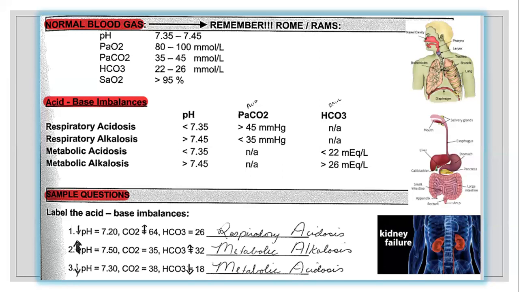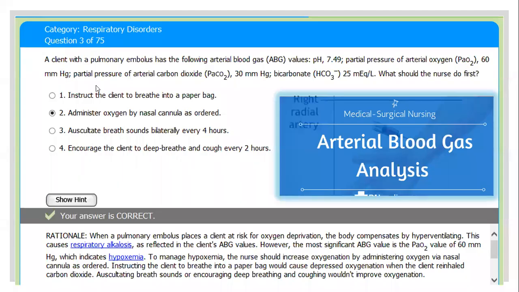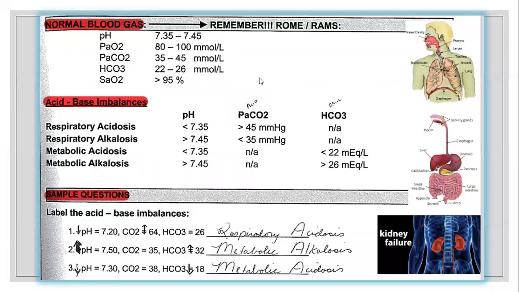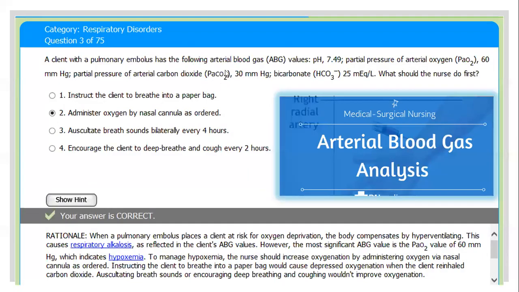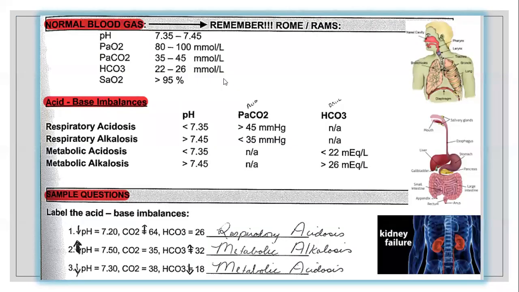So another option here is carbon dioxide. Arterial carbon dioxide is 30. Here the carbon dioxide is the indicator, partial pressure of carbon dioxide.